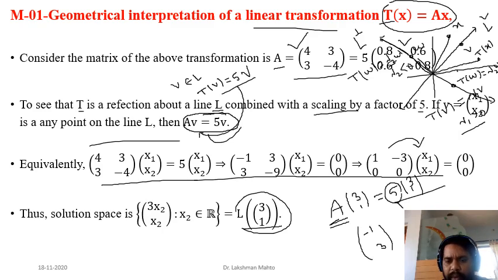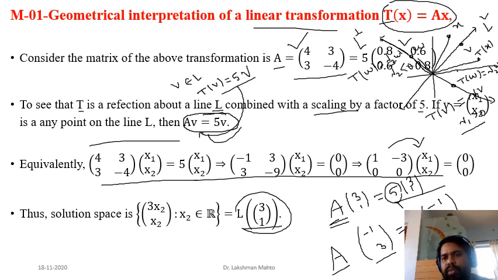If you multiply A with this one, again you will observe that it would be some scalar multiple of (-1, 3). So you got another special kind of vector (-1, 3), which preserves its direction when you apply matrix A over it. That's why (-1, 3) is another eigenvector.